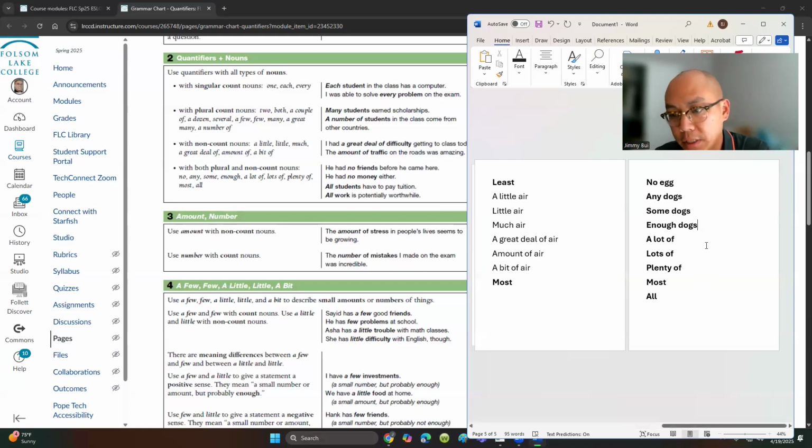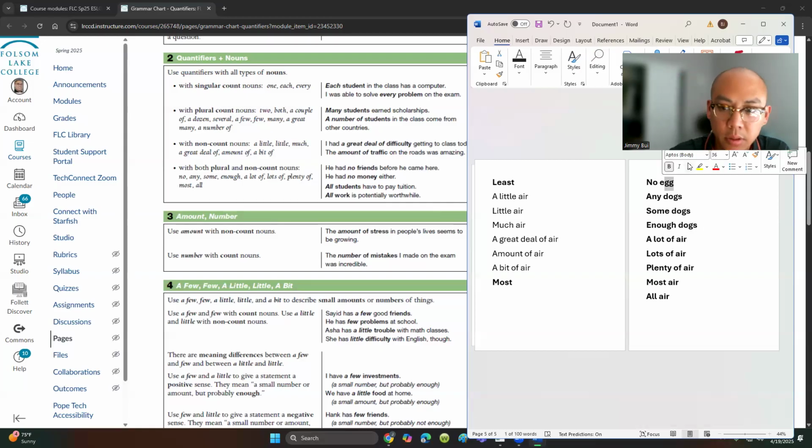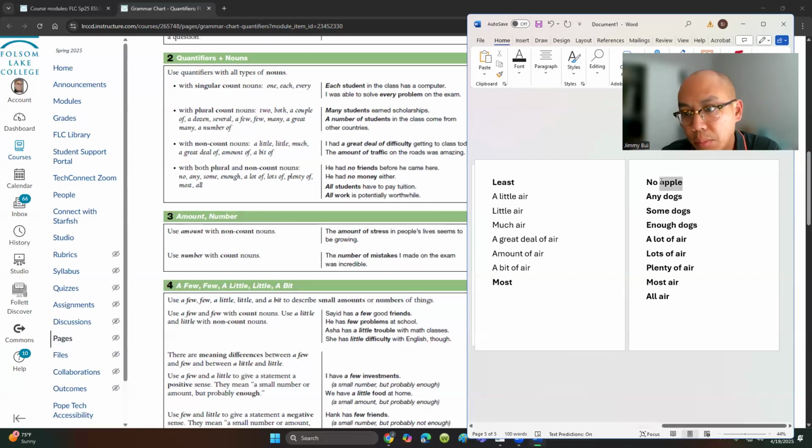But something that is non-count doesn't have a plural form, so it does not end in an S. Things that can be counted, like apples: one apple, two apples, three apples. When we are using these quantifiers, you have to use the plural form that ends in an S, right?